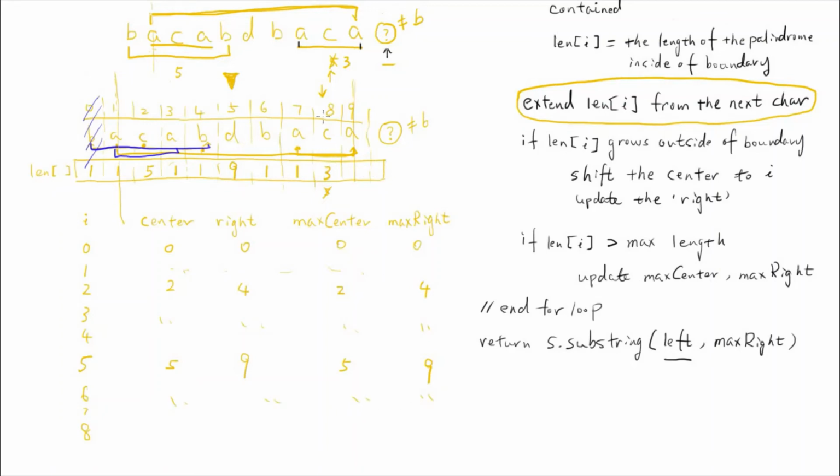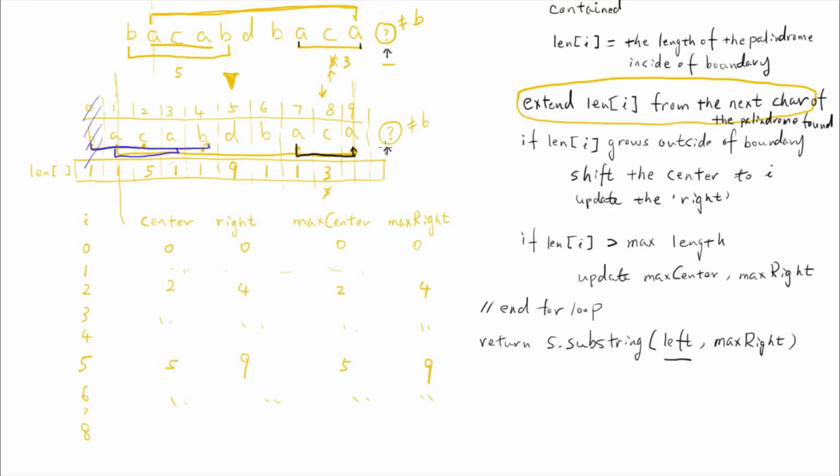Okay, now from 8, we try to extend from the next character of the palindrome already found. I have to make it clear here: it's the next character of the palindrome found. All right. We found this palindrome and we try to extend from the next character here.